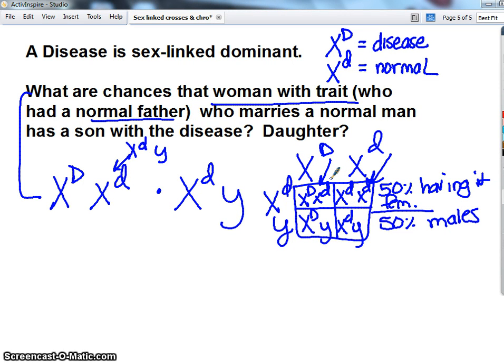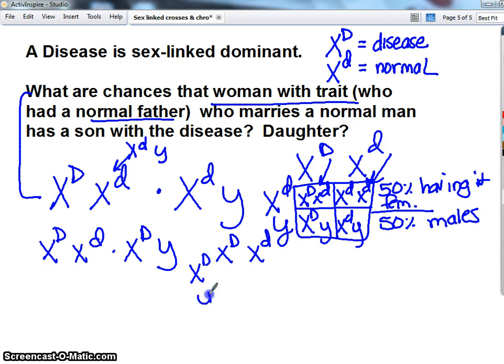I also added in class one more question about this where I flip-flopped it, and I said, well, what if the same woman, X big D, X little d, married a man who had it? And that would look like this. So we'd make our Punnett square, X big D, X little d, X big D, Y. And this one, if you mess up your reading of the boxes, you will get the wrong answer.